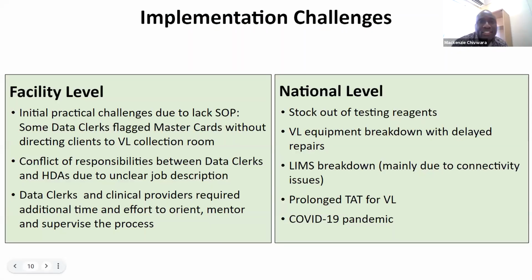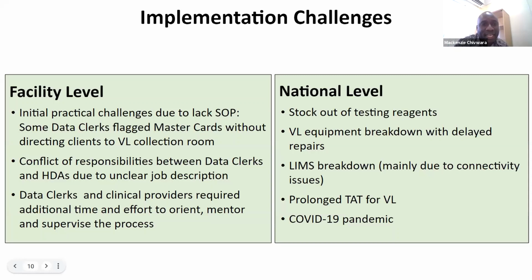So as is the case with probably every other initiative and new intervention, we also encountered challenges in the process of implementation at facility level and national level. At facility level, we started implementing the initiative without putting in place a proper SOP to guide the process.